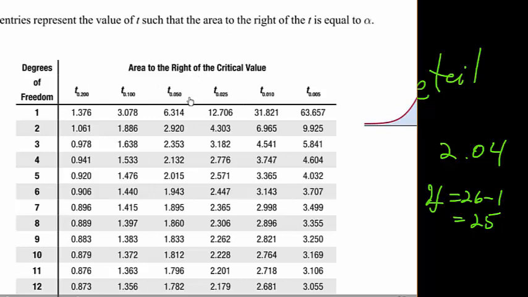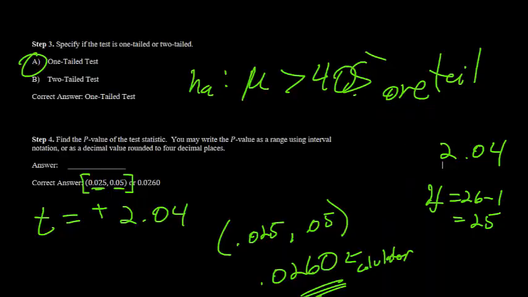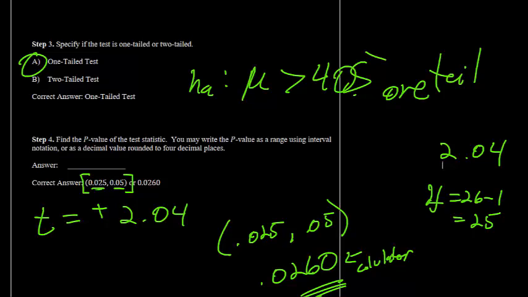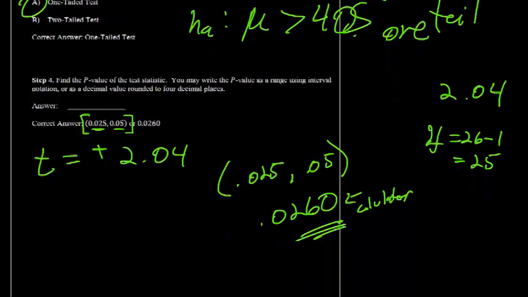There's degrees of freedom. Here the alpha is 0.025, and here the alpha is 0.05. So I'm going to turn around and say, it's somewhere between 0.025 and 0.05. If you do it fancy, you would find the appropriate calculator and calculate out 0.026, and that would be an acceptable response as well.